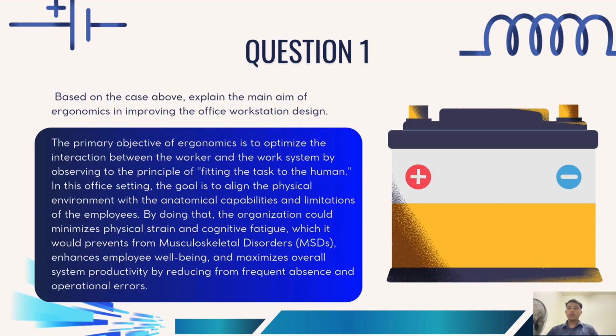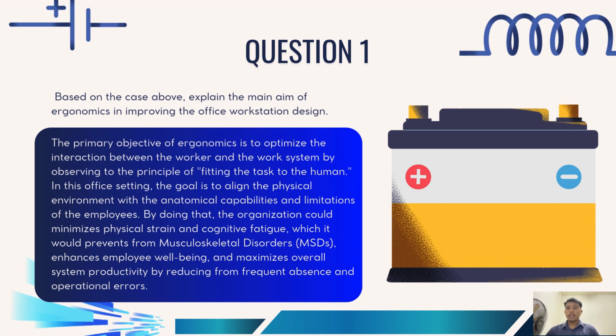The answer for question 1 is the primary objective of ergonomics is to optimize the interaction between the worker and the work system by observing the principle of fitting the task to the human. In this office setting, the goal is to align the physical environment with the anatomical capabilities and limitations of the employees.